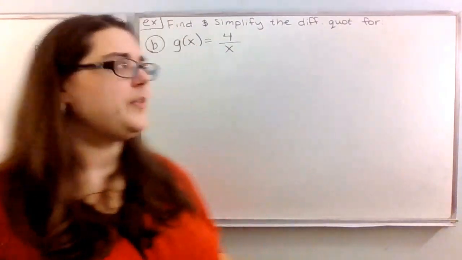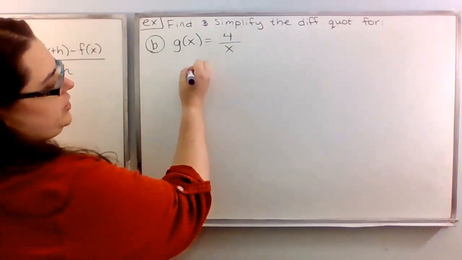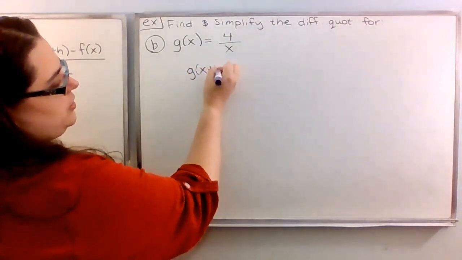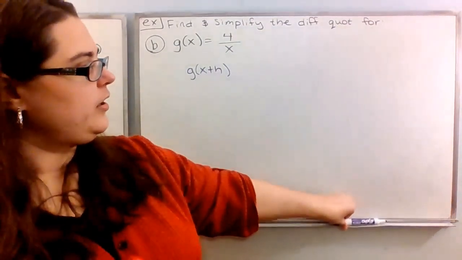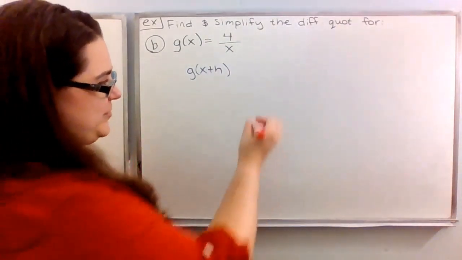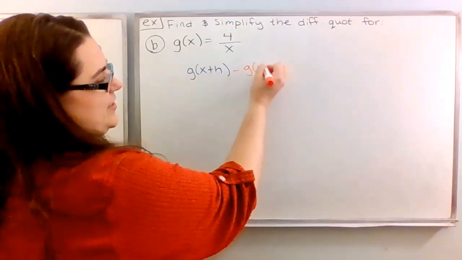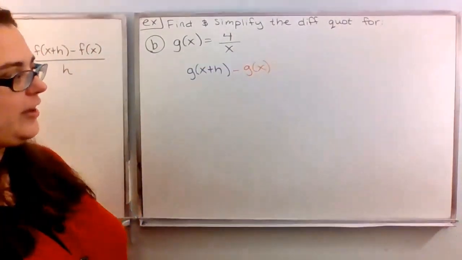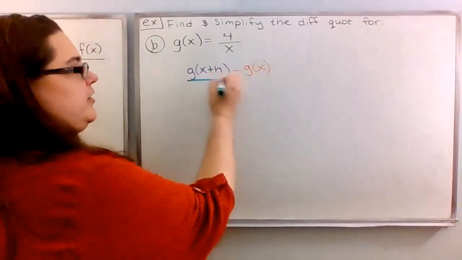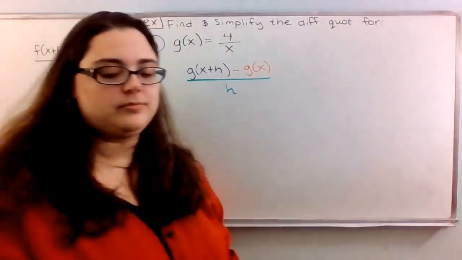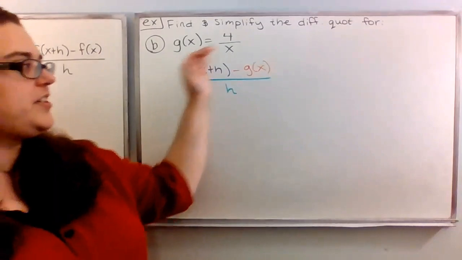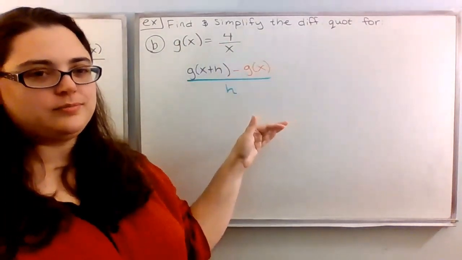So let's begin. We need to find g of x plus h. That's our first part of the difference quotient. And then we're going to subtract g of x, and that will be all over h. So that's going to be our difference quotient formula.